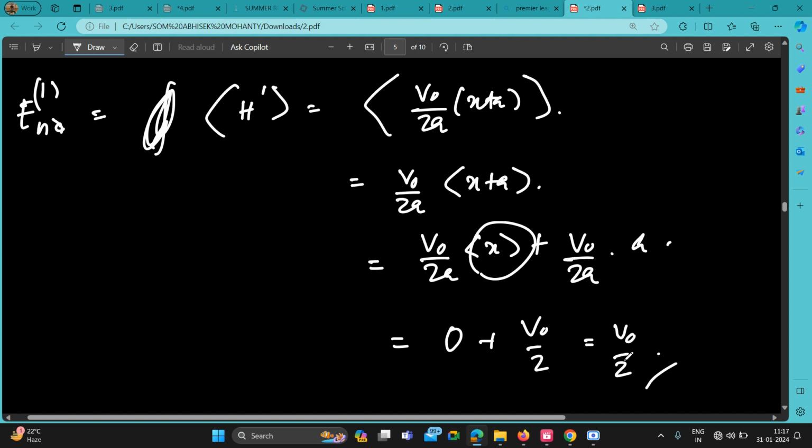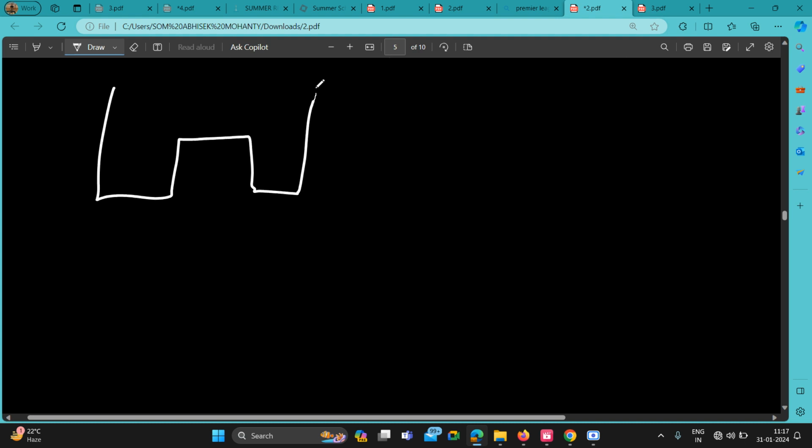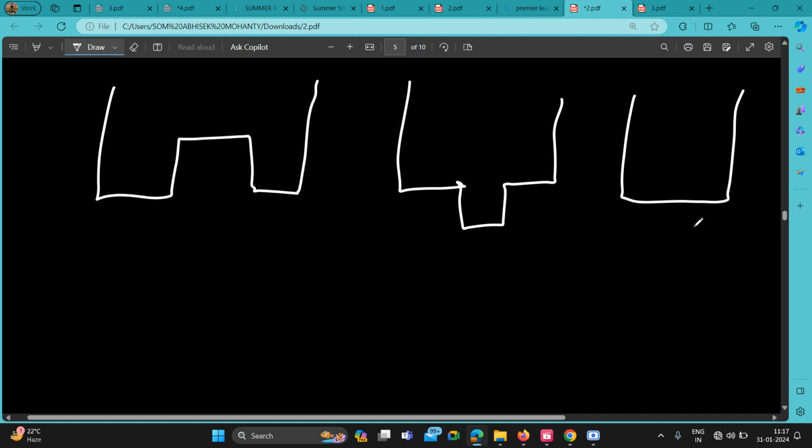The next question. This question usually comes in exams. Here V is equal to 0, E3. Here E2, minus V here.